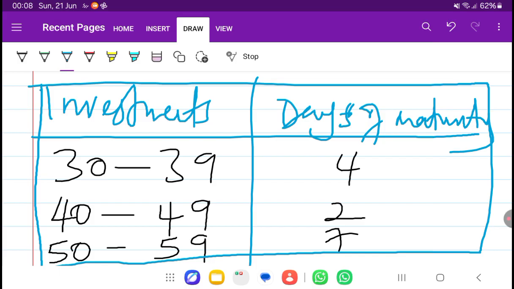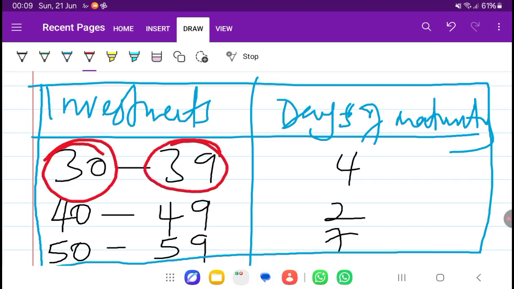Now, in this kind of distribution, the 30 that we have here, and the 39, these two values all belong in that class of 30 to 39.